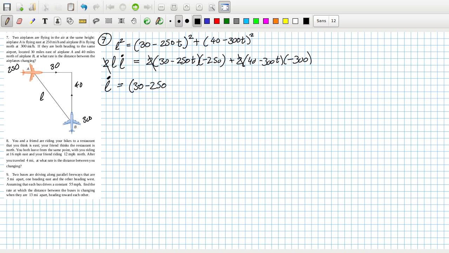Is the t 0? I feel like it might be, because it says at what rate is the distance between the airplanes changing? Or do we keep the answer with t in it?